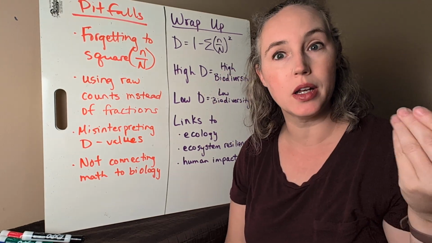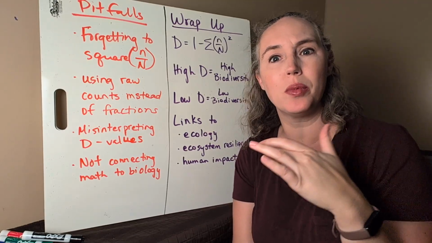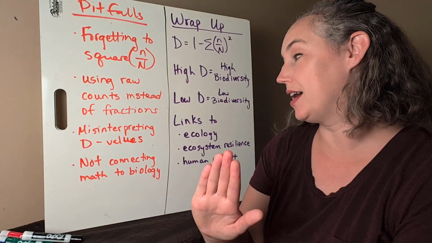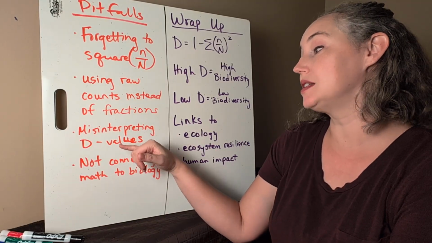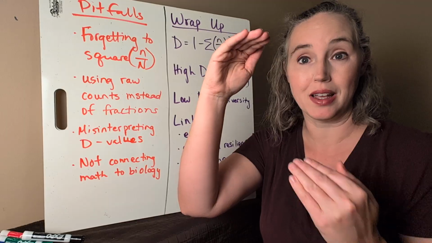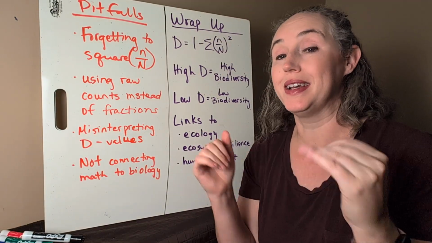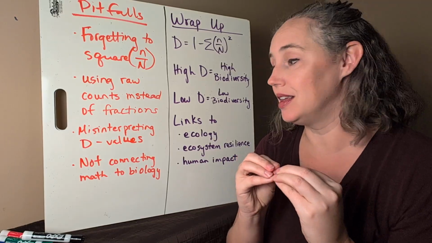Because if you do that, you'll end up with a value higher than 1. Again, if you get numbers higher than 1, you know you've messed up. Go back and redo. Also, a common mistake would be misinterpreting the D values, like getting which one means high and which one means low mixed up. So be sure that you are practicing that a lot.